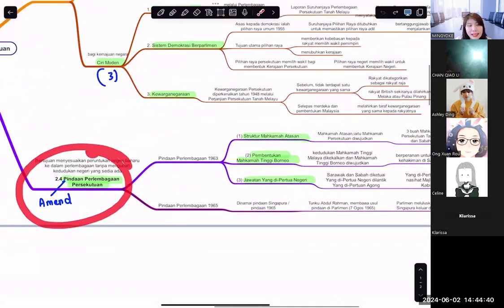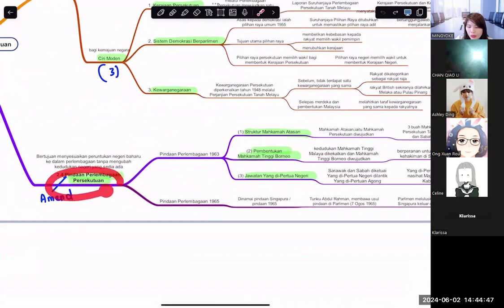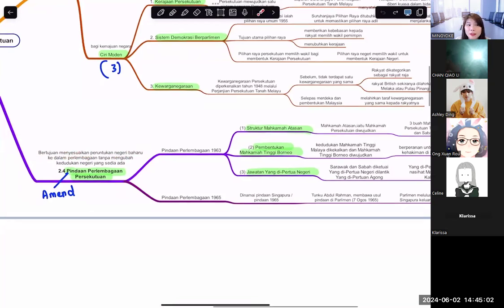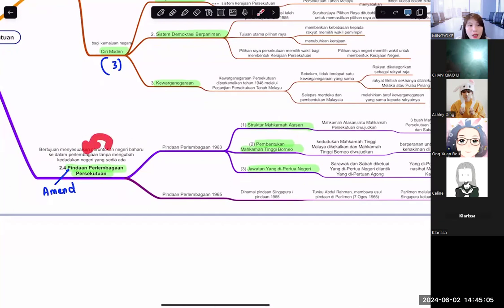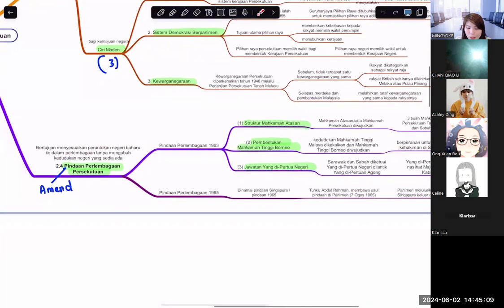When it comes to the last one, amending our federal constitution, guys. According to our federal constitution, our pindaan Pelembagaan Persekutuan purpose is to adapt towards the new states who are included in our constitution without amending the original states.